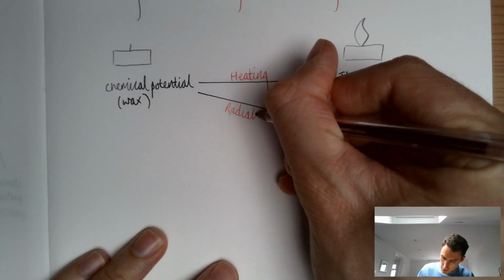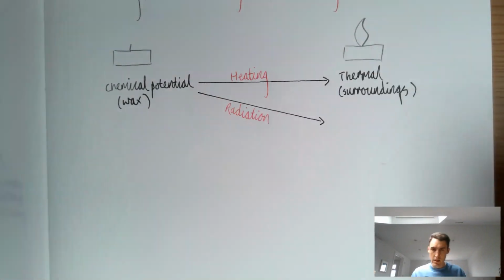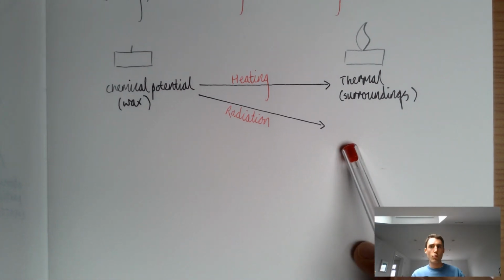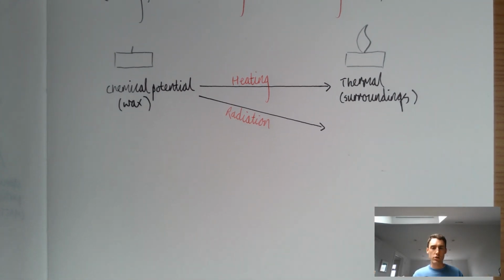Now this is a tricky one, because what energy store increases as a consequence of that? Well, I don't really know. I don't know exactly, and maybe someone does. If they do and they're watching this video, please get in touch and let me know.